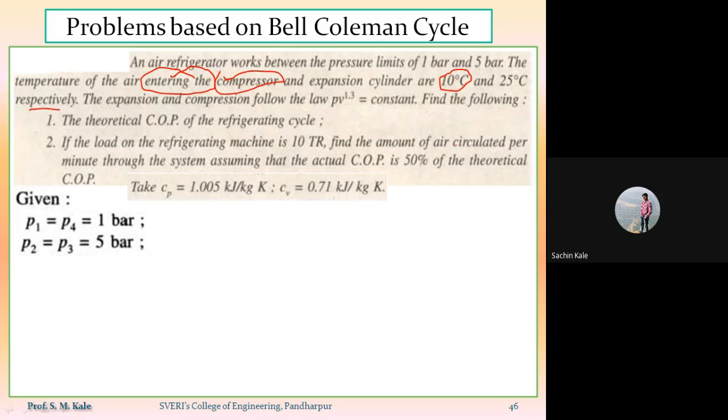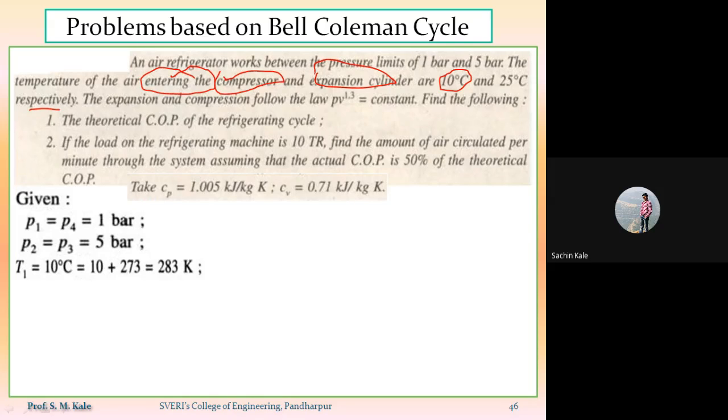The inlet of the compressor is always indicated by temperature T1, so T1 is equal to 10 degrees centigrade. And the other one is the inlet of the expansion cylinder.